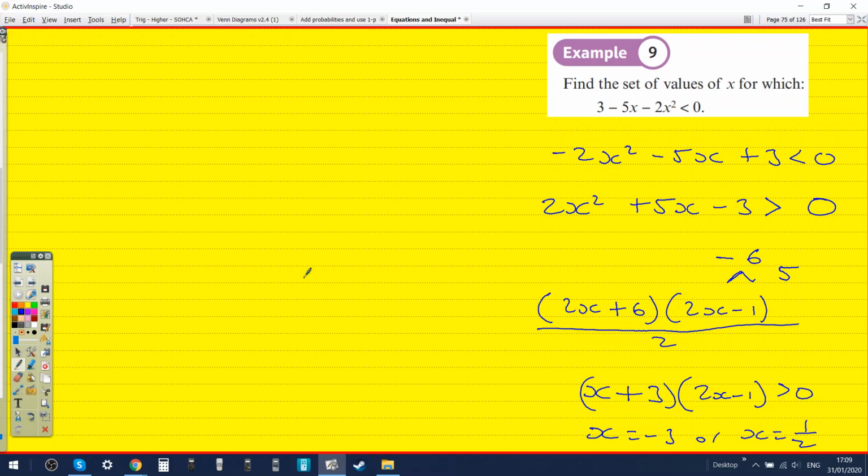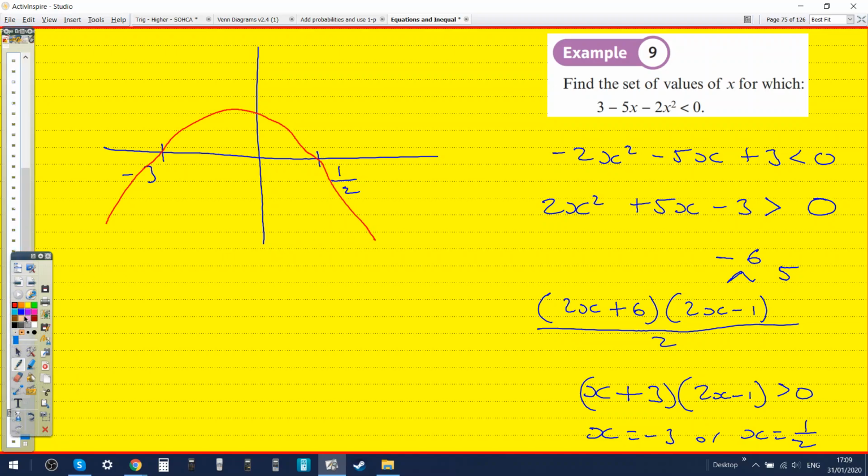And then from there we draw a quick sketch of a graph. Plot minus 3 and a half on the axis and then draw a U shape going through. So that's the thing I don't understand.